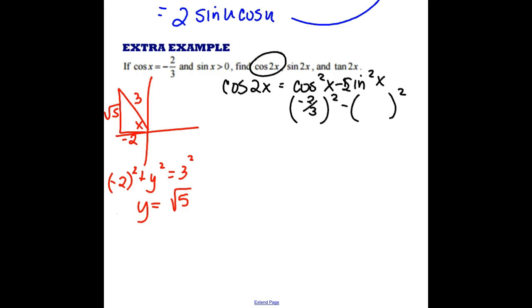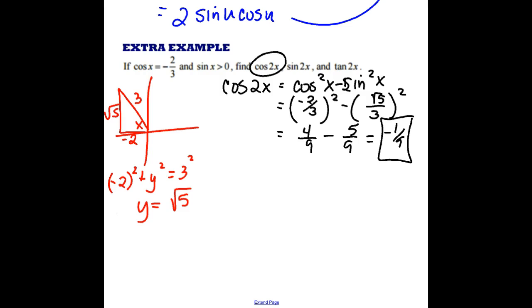And the sine? Square root of 5 over 3. Okay, can we square those both? Okay, squaring negative 2/3 gives us 4/9 minus 5/9, which gives us negative 1/9. Okay, so we've found the cosine of our double angle is negative 1/9.